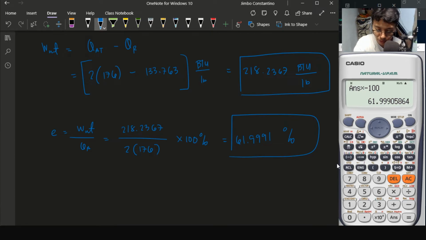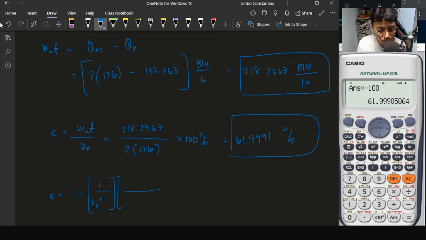How about gamitin natin yung efficiency ng mga RPs? Okay? Efficiency of the RPs. Efficiency using Otto muna: 1 minus 1 over RK raised to k minus 1, bracket, bracket, multiply.